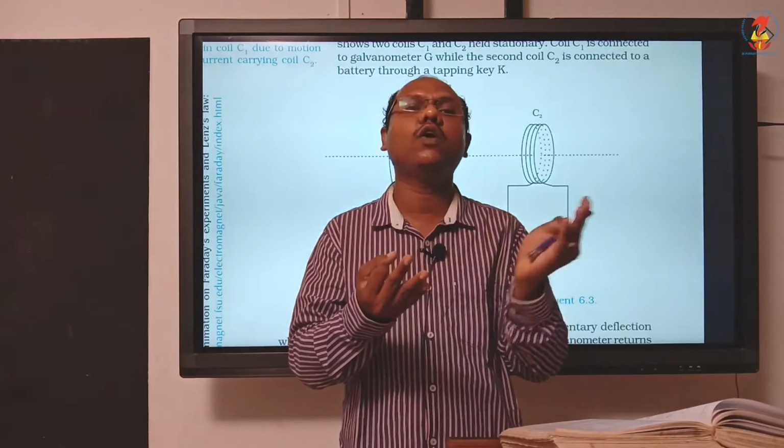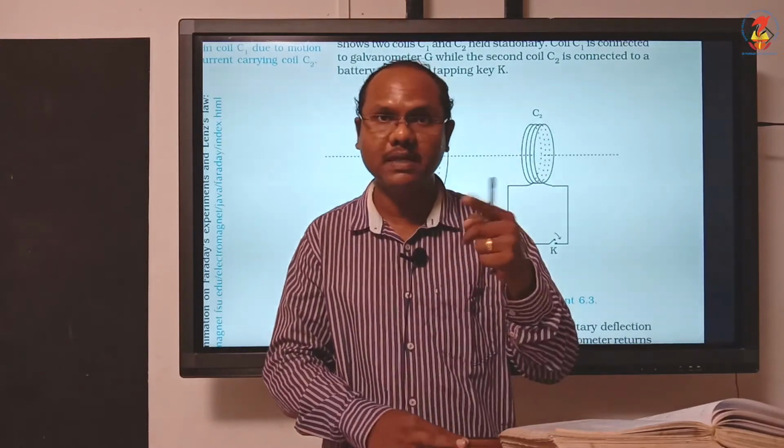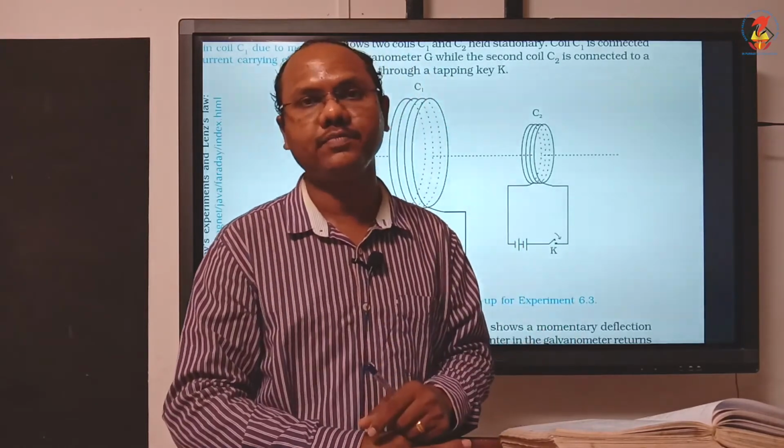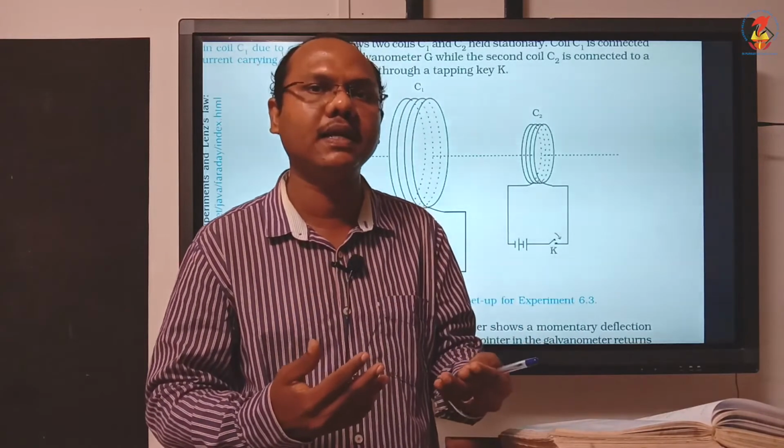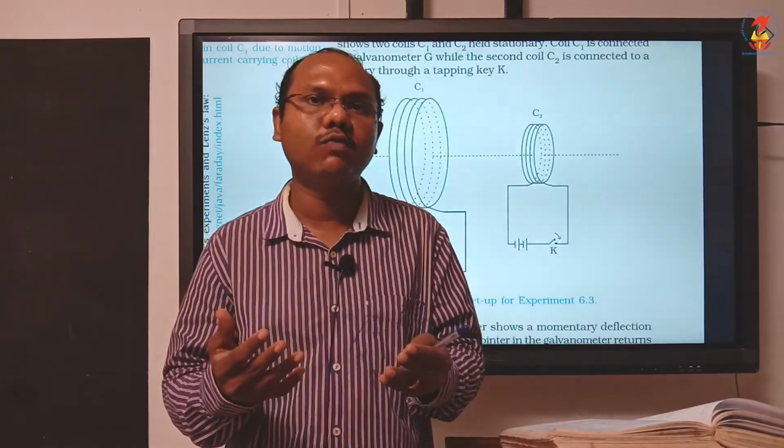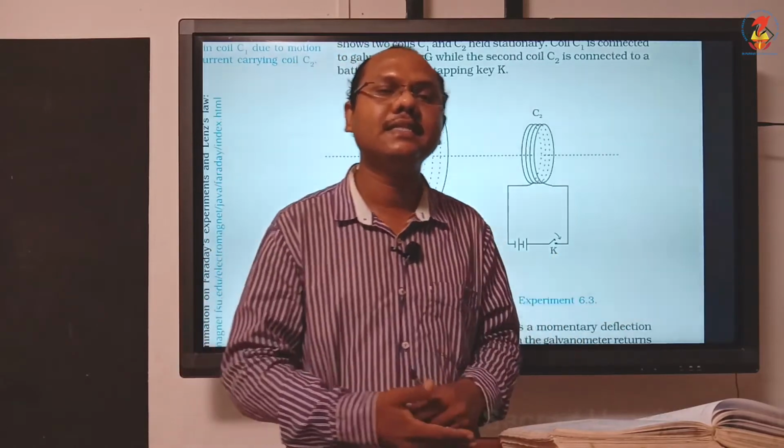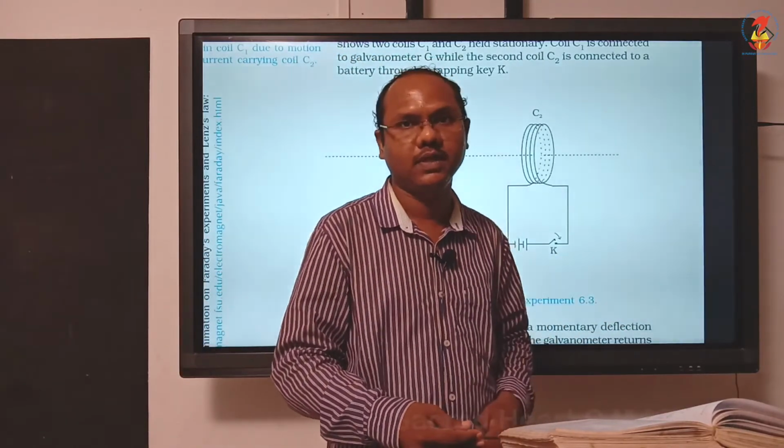Or you can change the orientation between the two coils, that means the angle theta. So based on these three techniques, what we are doing is just changing the magnetic flux.